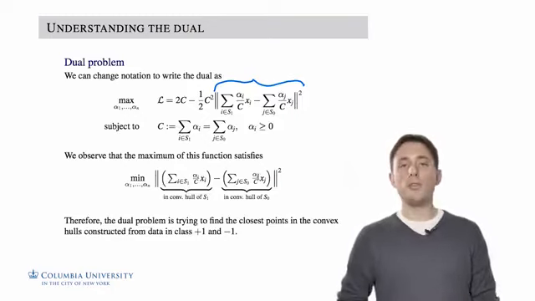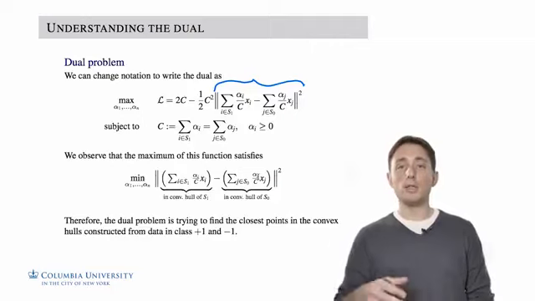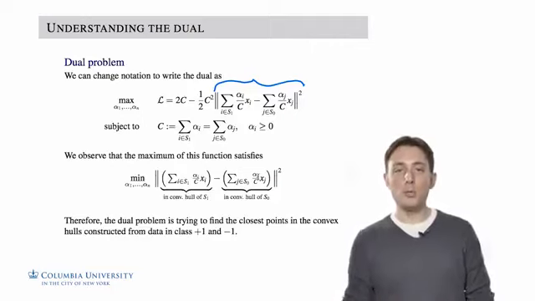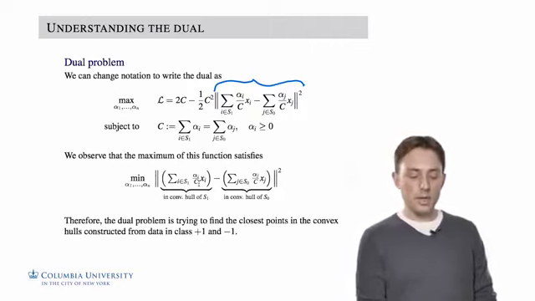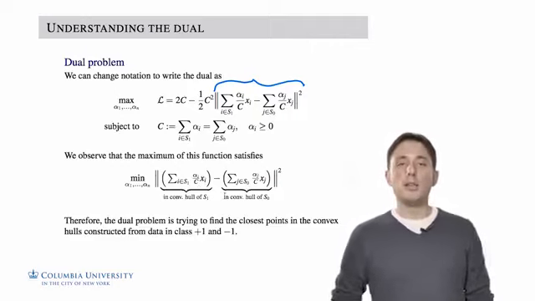And then we take all of the alphas from class -1 and construct a probability distribution by normalizing them, which is what C is doing. Then we're trying to minimize the distance between 2 points within the respective convex hulls of each of the two classes.